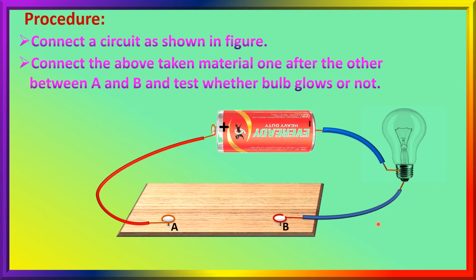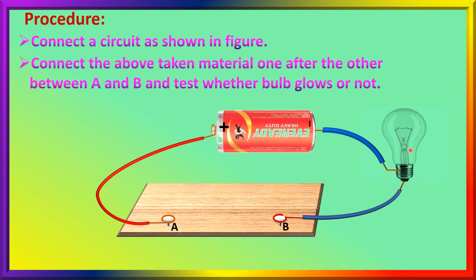Okay, so this is the circuit I am going to use to test whether the given substance is a conductor or insulator. Now, the circuit is an open circuit. Observe carefully. Between A and B, there is no connection. So, when the circuit is open, current doesn't flow through the circuit.